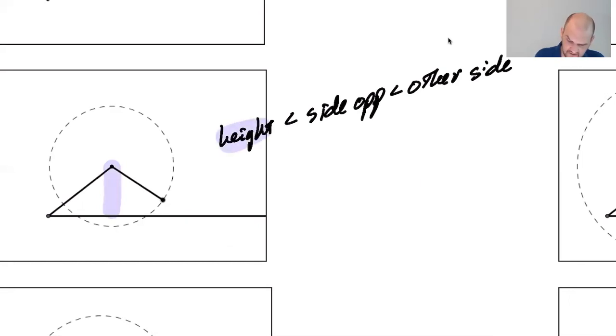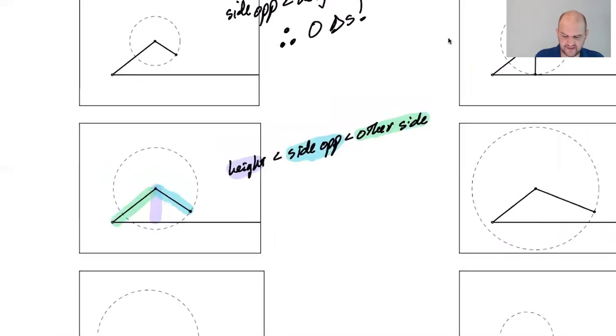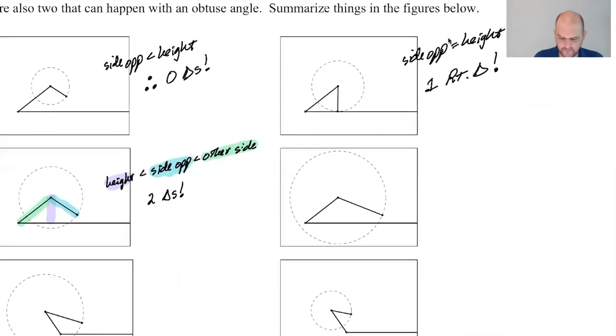The side opposite is here. And then the other side is here. So in that scenario, you are going to get two triangles. That's the really exciting one. That's also the most work. Two triangles. We're going to use the law of sines a lot to solve them.